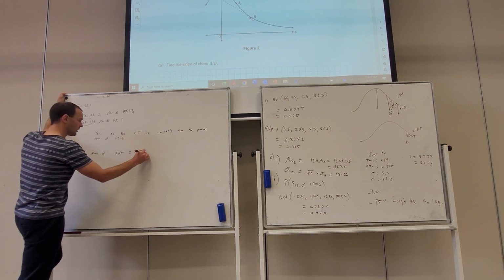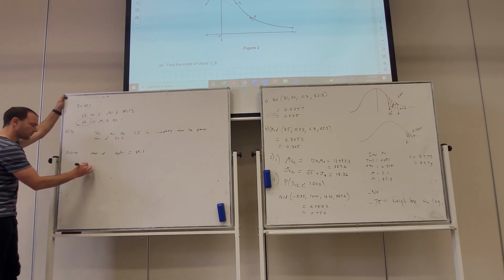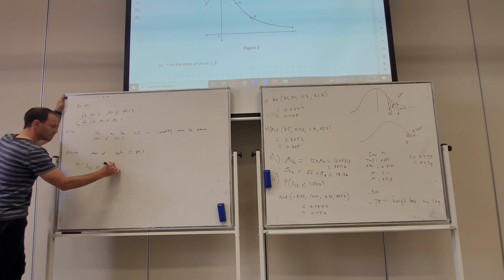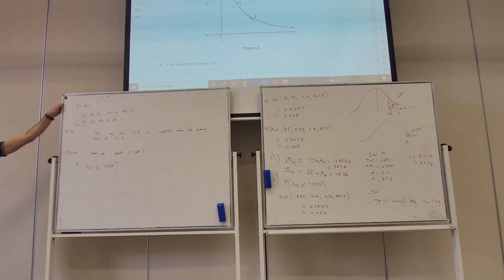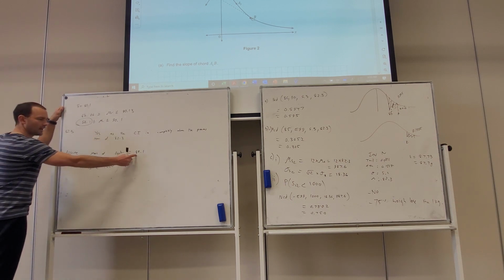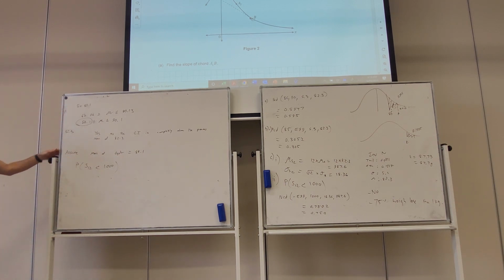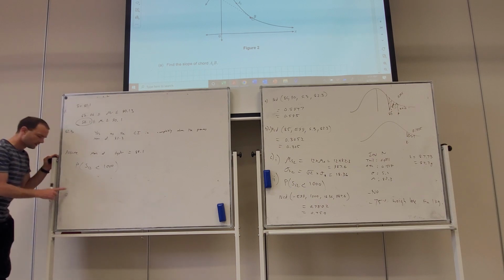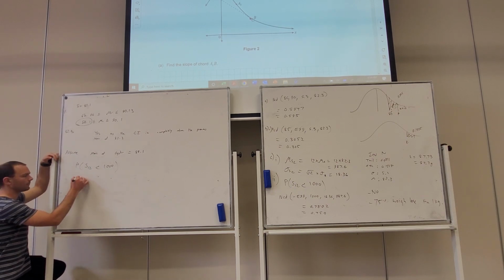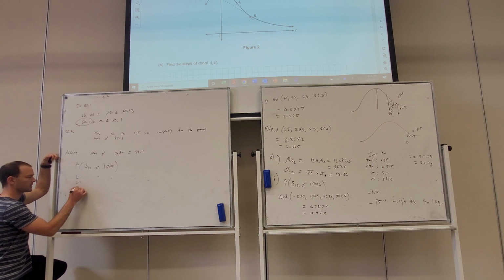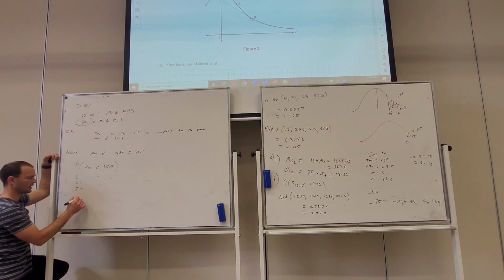equals 88.1, what's the probability of S12 being less than 1,000? That's what we're calculating. It's almost the same calculation we were doing before, except this is our mean now instead. For S12, I'm going to write it out like this, because this is how I'm going to put it in my calculator, with the standard deviation and the mean.